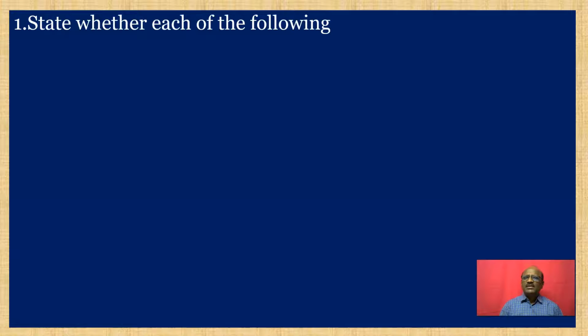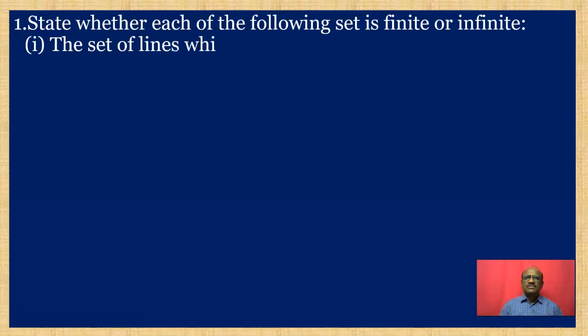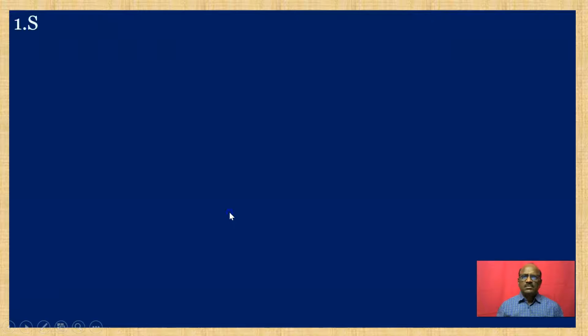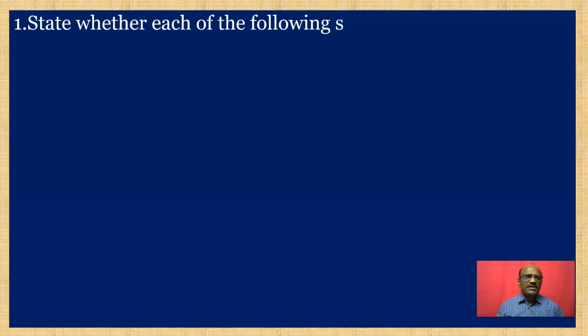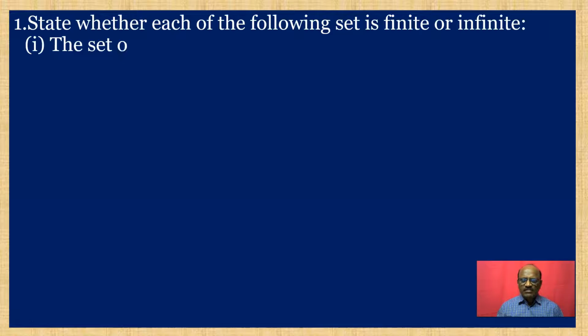State whether each of the following sets is finite or infinite. Now again I will repeat here. State whether each of the following sets is finite or infinite. There will be a mistake in this question number.